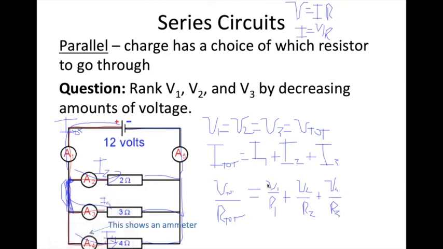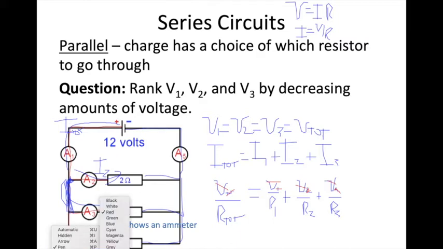But wait, are the V's any different, or are they all the same? We already said all the V's are the same, so V total is the same as V1, is the same as V2, so I don't even need to call them V1, V2, V3, or V total. I can just call them all V. If they're all V, then they all cancel, because I can divide both sides by that same V.